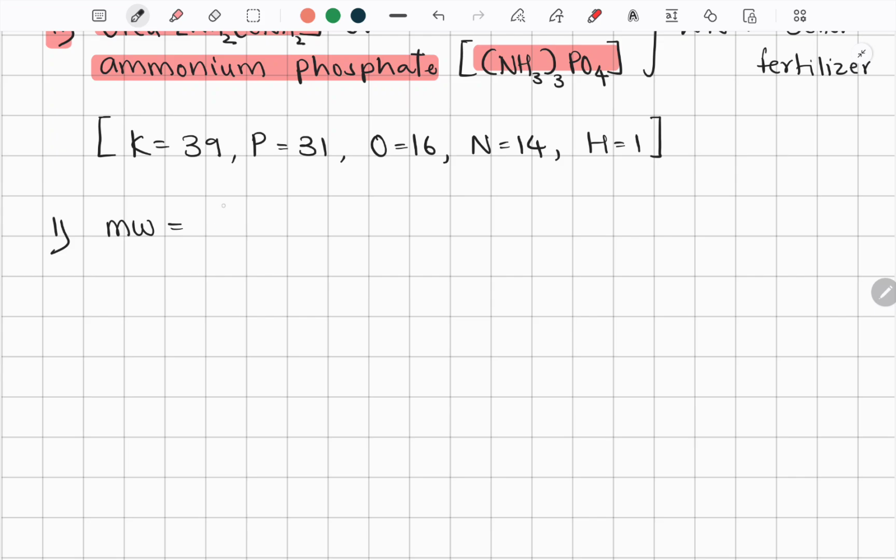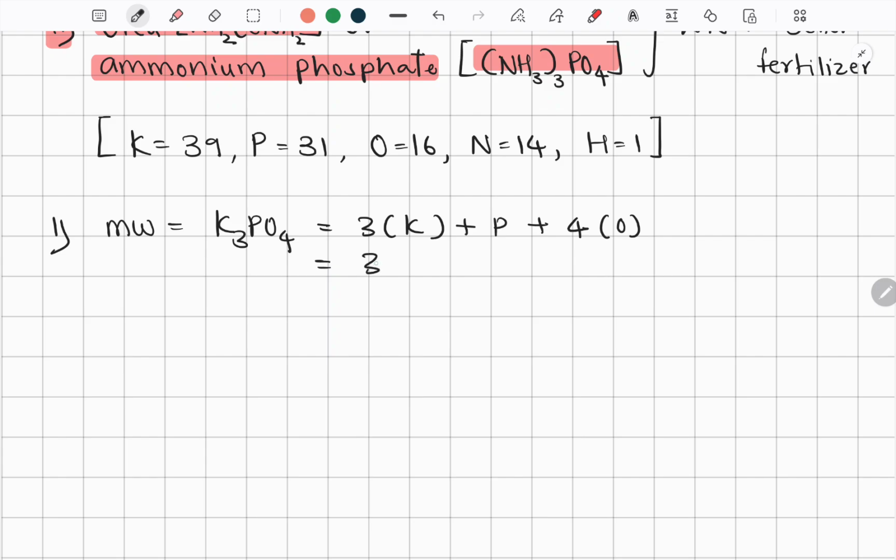Let's calculate the molecular weight of potassium phosphate, which is K3PO4. K3PO4 means 3 into 39, since 3 potassium atoms are present, plus 1 phosphorus and 4 oxygen atoms.